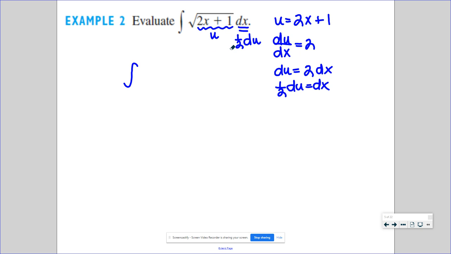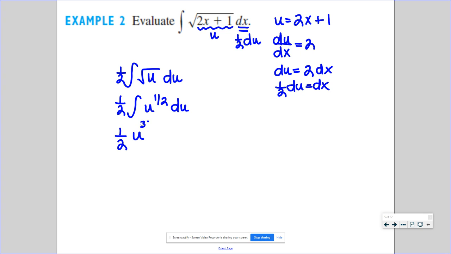And now we can rearrange all this stuff. So we have the 1/2 on the outside. Again, that's where I prefer to put it. You could put it inside the integral if you would like. And then we have the square root of u du. Now that everything is in terms of u, you can go ahead with your antiderivative step. So that means you would have u to the 1/2 power instead of writing the radical. And then you can do your little trick where you add 1 to the power and divide by the power, plus c.